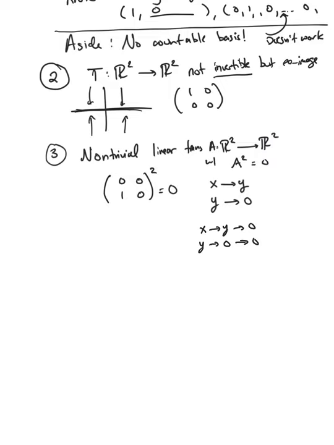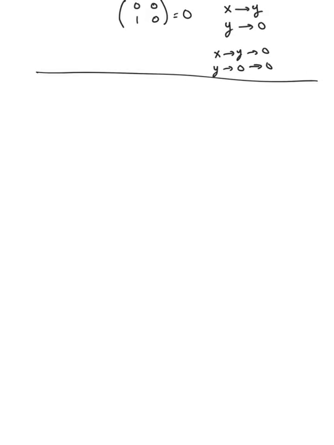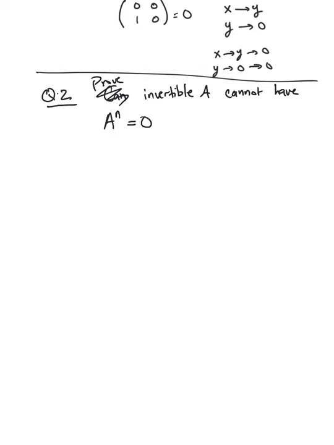Okay, so on to question 2, which asked, prove that an invertible matrix A cannot have A to the n being 0 for any n.